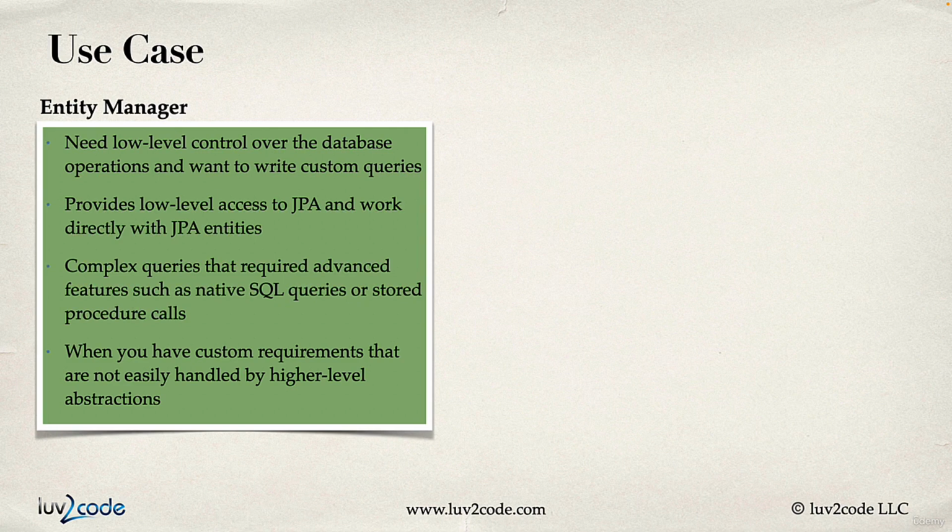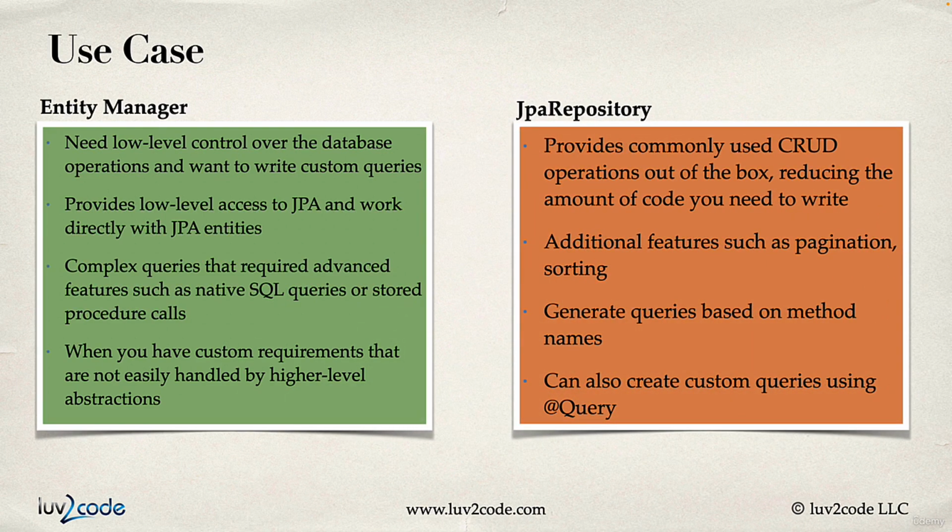You can use this for complex queries that require advanced features such as native SQL queries or stored procedure calls. Also, Entity Manager is great when you have custom requirements that are not easily handled by higher level abstractions. Now, the use case for JPA repository is that it provides commonly used CRUD operations out of the box. This reduces the amount of code that you need to write. It also has additional features such as pagination and sorting. It can also generate queries based on Java method names. And you can also create custom queries using the query annotation.